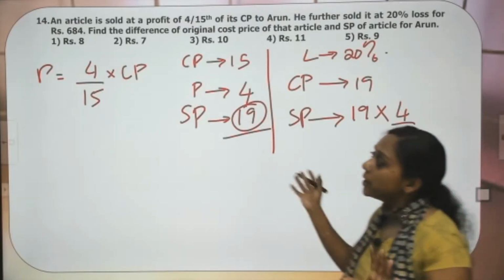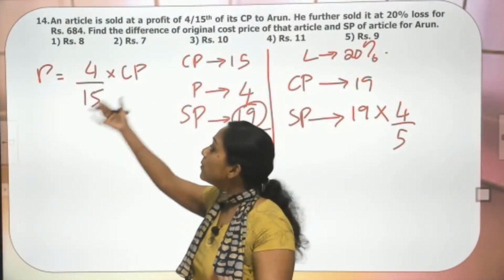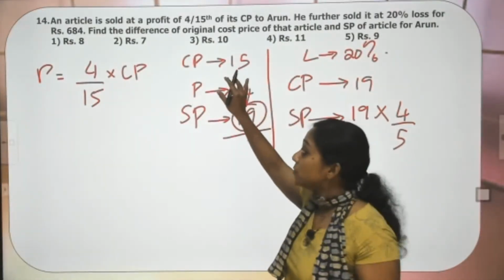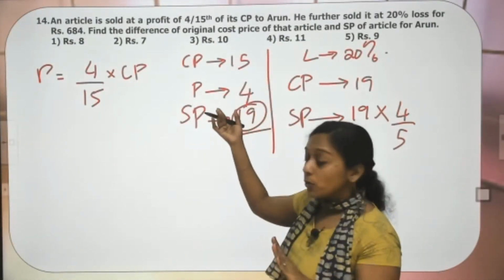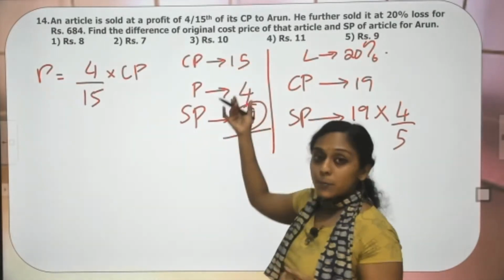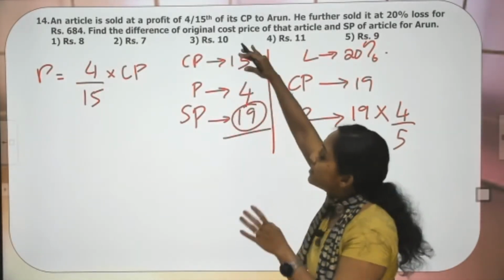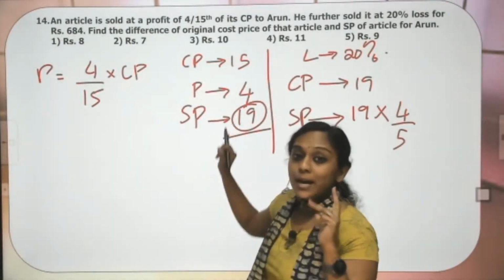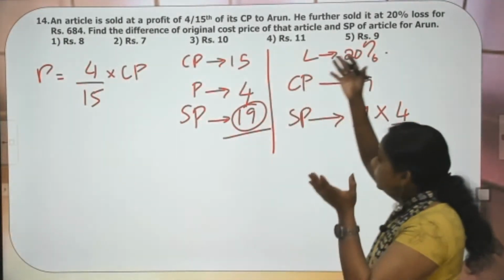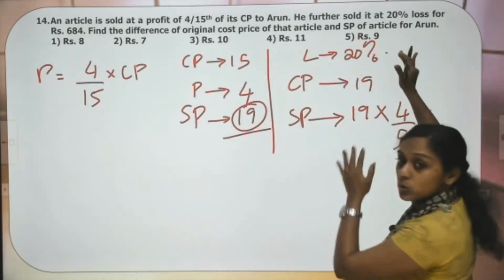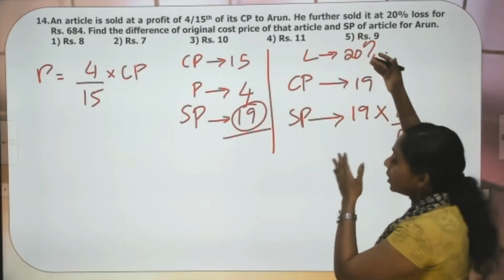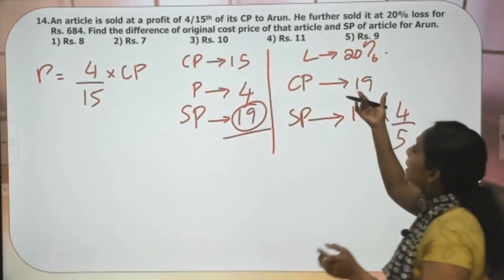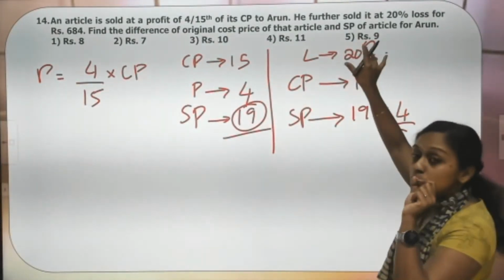So once again I repeat. The relation is 4 by 15th of CP is your profit. So I assume the CP is 15, so what is your profit? That is 4. So what is your selling price? CP plus profit is 19. Actually this is the data for the person who sold it to Arun. So with respect to Arun, the cost price is this 19, and he is selling that at 20% loss.